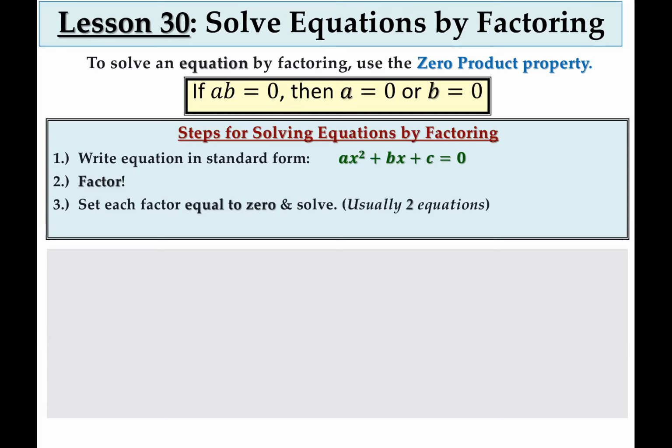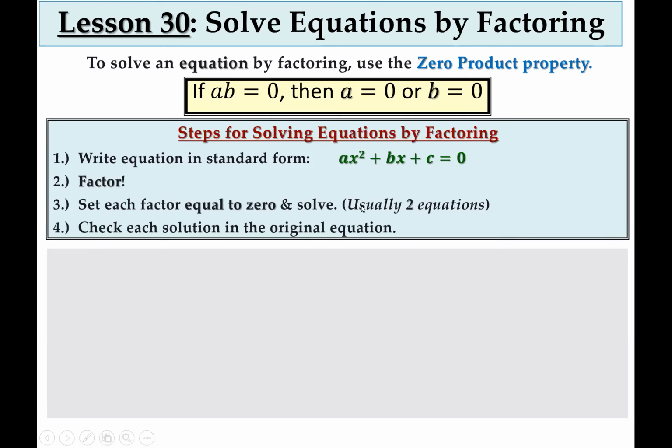So you're going to essentially split your factors up, set them each equal to 0. It's usually 2 equations. Sometimes there's more, depending on the problem. You'll solve those. Now, those equations will be more familiar looking. They'll be what are called linear equations. For example, it might be like x plus 2 equals 0, or 3x minus 1 equals 0. And we'll review how to solve those.